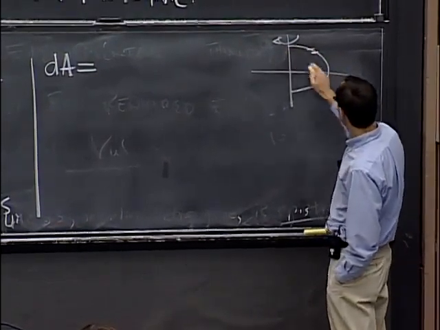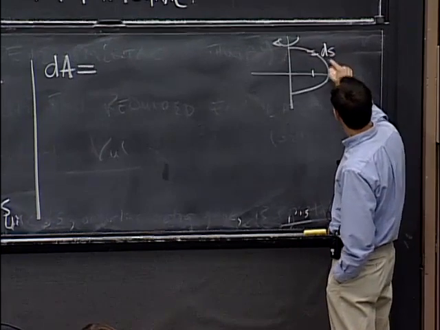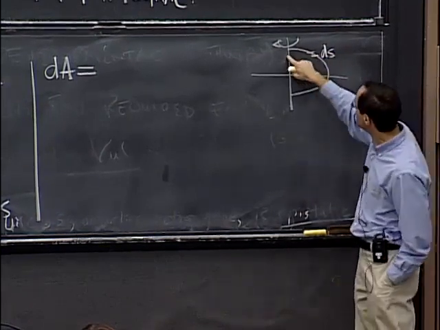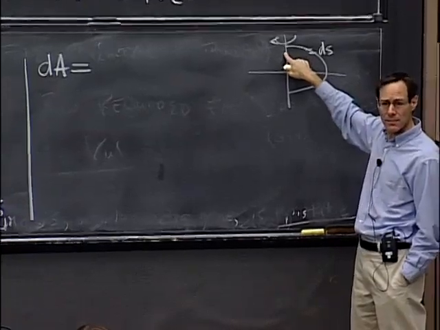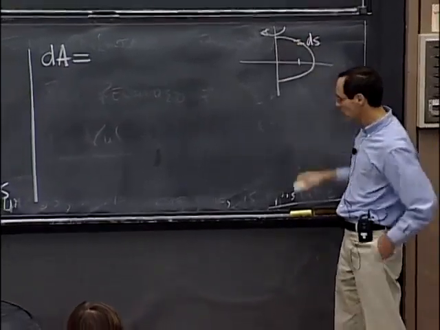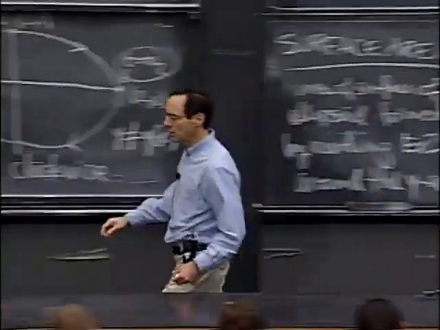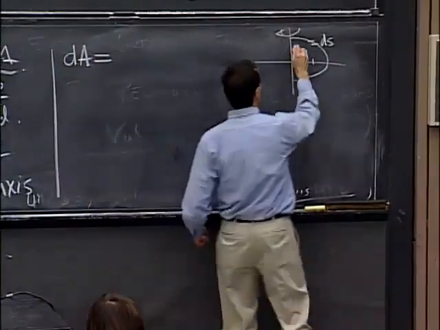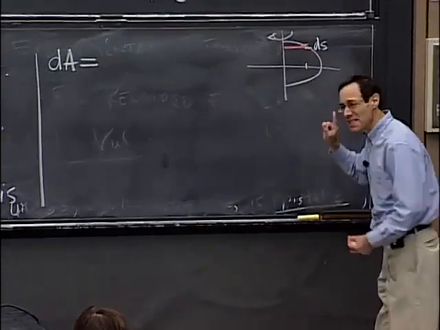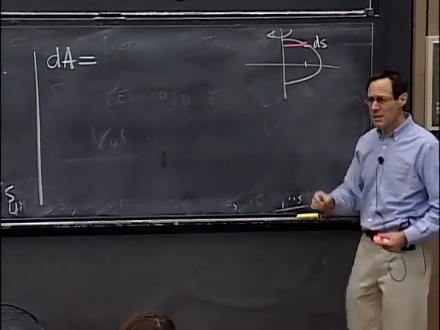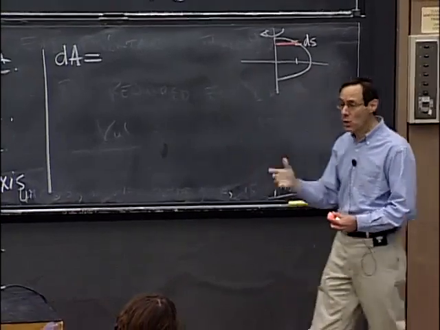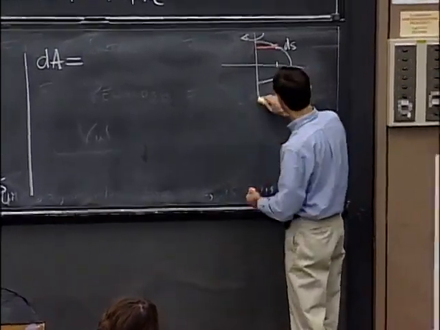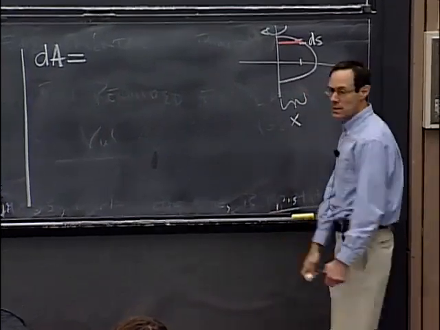And the important thing you need besides this ds, this arc length piece over here, is the distance to the axis. So that's this horizontal distance here. I'll draw it in another color. And that horizontal distance now has a name. And this is, again, the virtue of this coordinate system. The t is something else. This distance is called x.